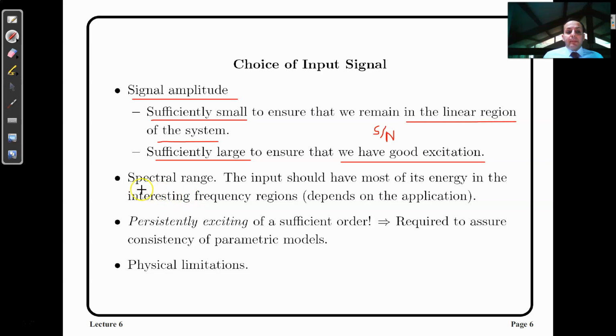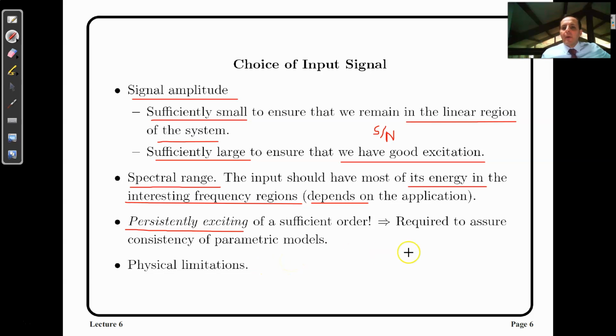Another important point is the frequency content of your signal. The inputs should have most of their energy in the interesting frequency region. Again, it depends on the application. As we remarked in the last lecture, remember the persistent excitation conditions.